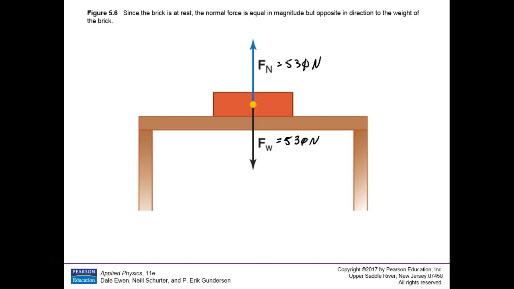Now, a force of 170 newtons, and this is no longer a brick, this is a wooden box now. And this isn't a table, this is a floor. Sliding on a wooden floor. A force of 170 newtons is needed to keep this 530 newton wooden box sliding on the wooden floor.